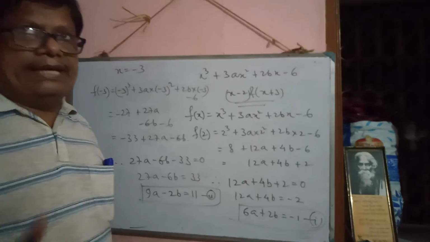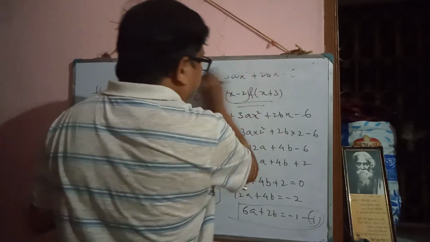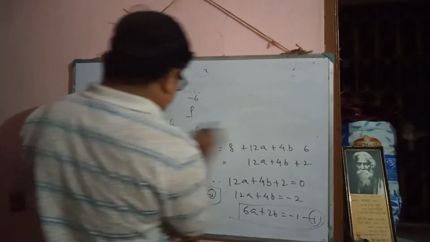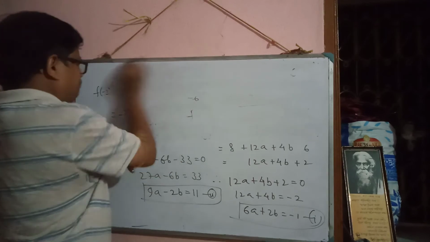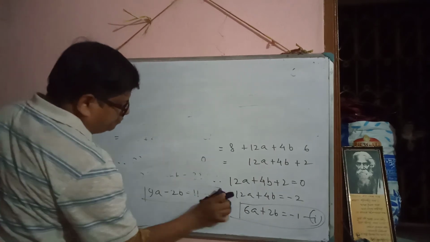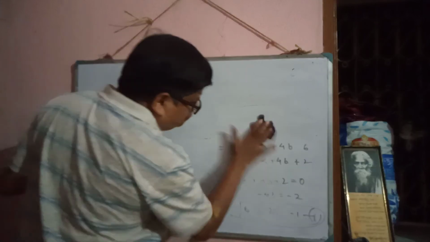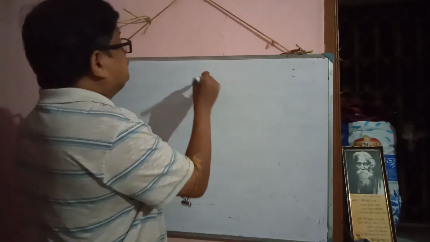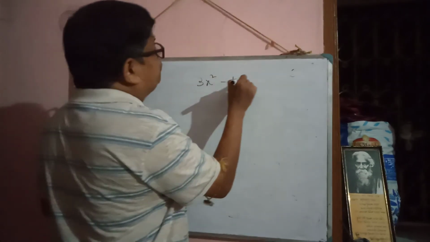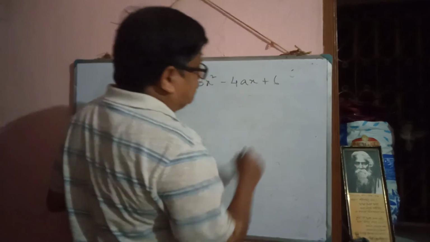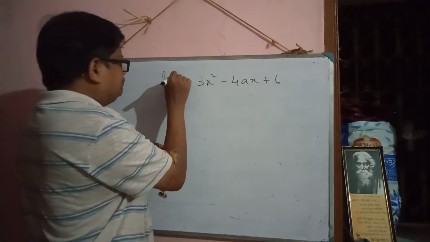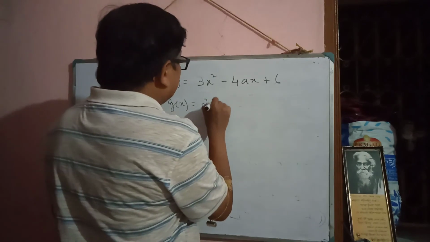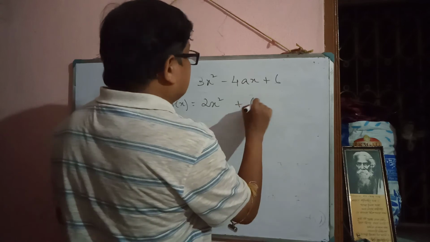Again, giving one sum. Suppose f of x is 3x square minus 4ax plus 12, and another g of x is given: 2x square plus 6x minus 9.